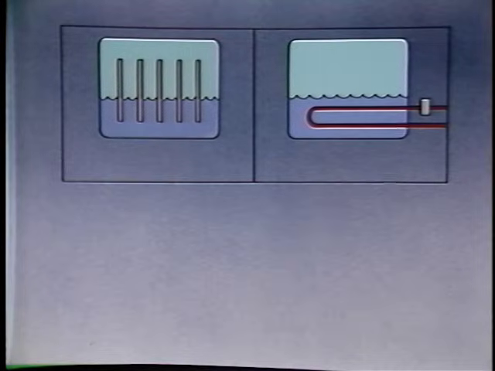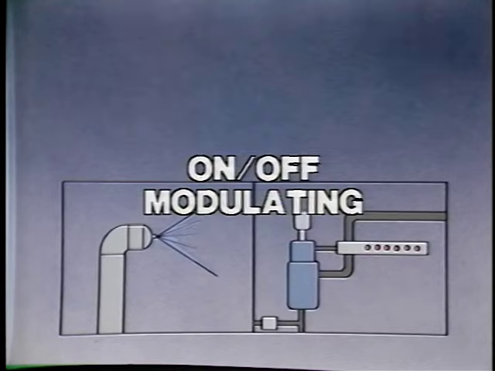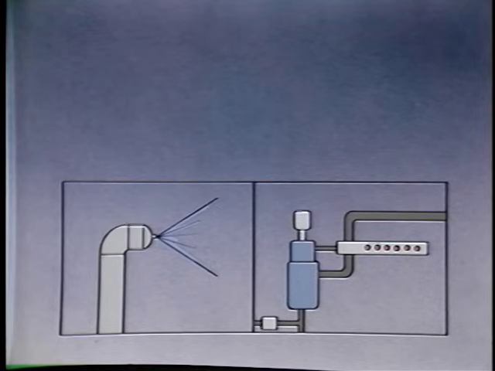Wetted element and evaporative pan humidifiers can only be turned on and off. Their output is therefore controlled by predetermining the sizing of the water surface, the exposed element area, or the heating coil temperature. The steam and water spray units, however, can have valves that can be opened, closed, or modulated to any intermediate position.